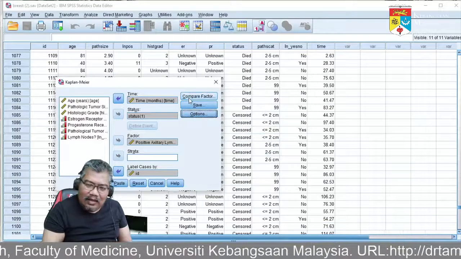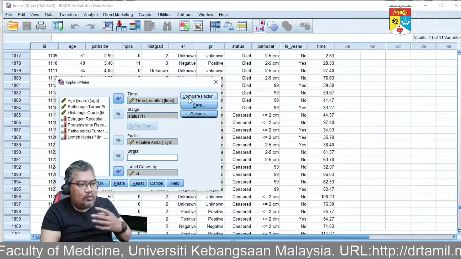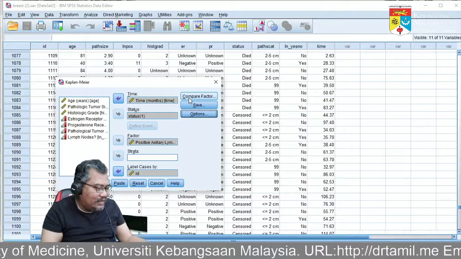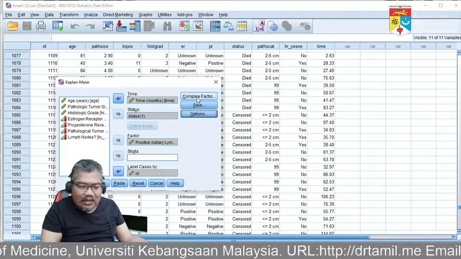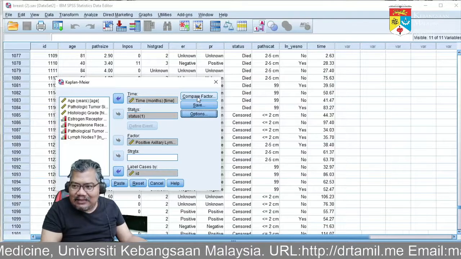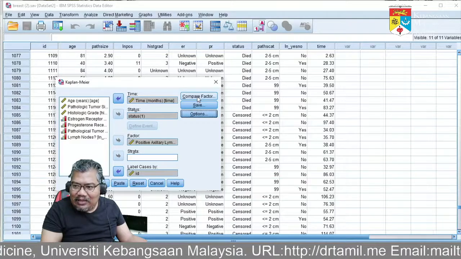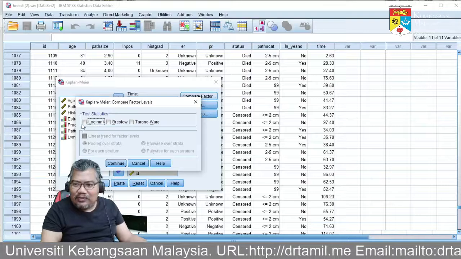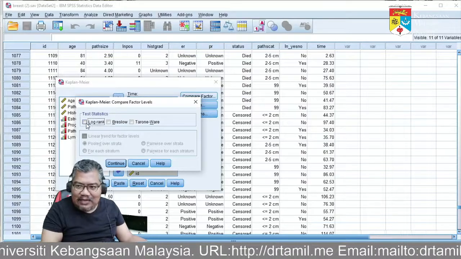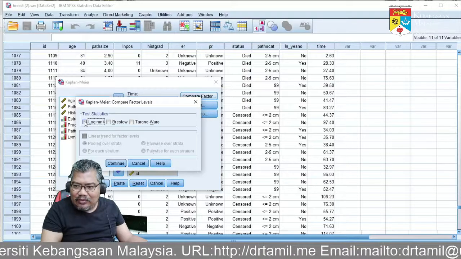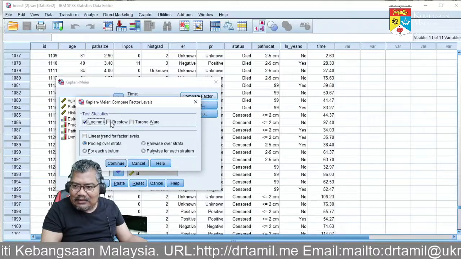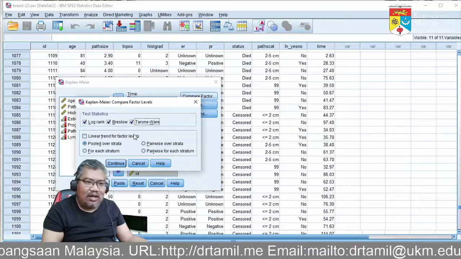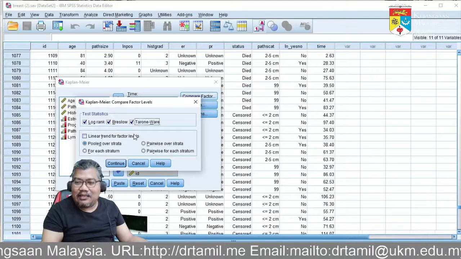Continue. Because we have two situations, those with lymph node present and those without, we click on compare factor. Which one to use? As mentioned last week, you have three choices: log rank, Breslow, or Tarone-Ware. So we take all three.